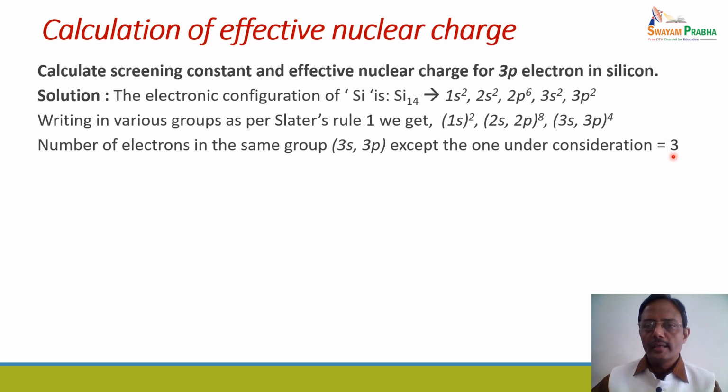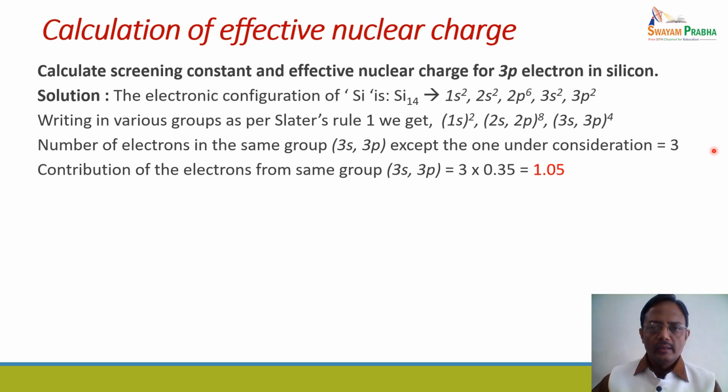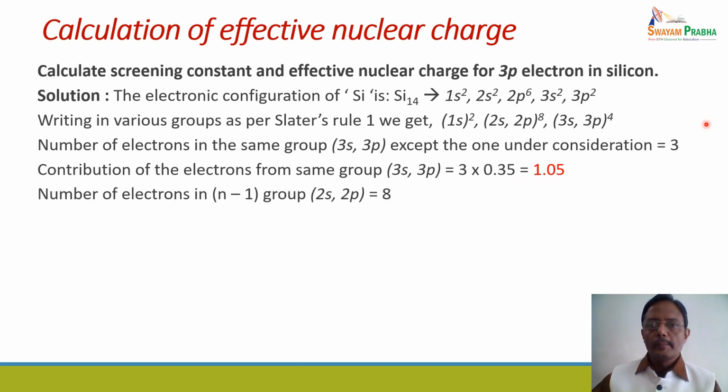These are the 3 electrons which will contribute to the screening constant, and the contribution of the electrons in the same group is 3 into 0.35. The contribution of each electron is 0.35 and there are 3 such electrons, so the total contribution to the screening constant is 1.05. What are the other remaining electrons?